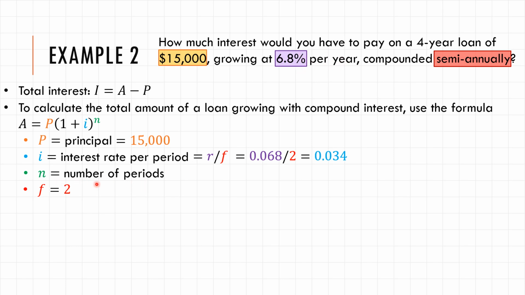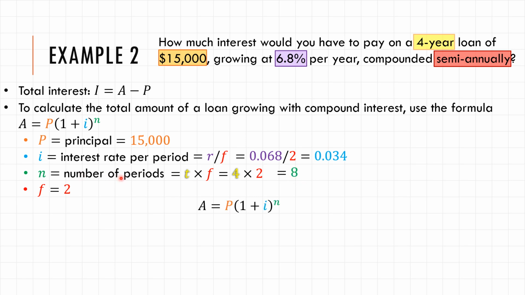How many periods are there going to be in 4 years? There are going to be 8 periods, right? Because each period is 6 months. And so there are 2 periods in a year. And 2 periods times 4 years, that's our term, is 8 periods in total.